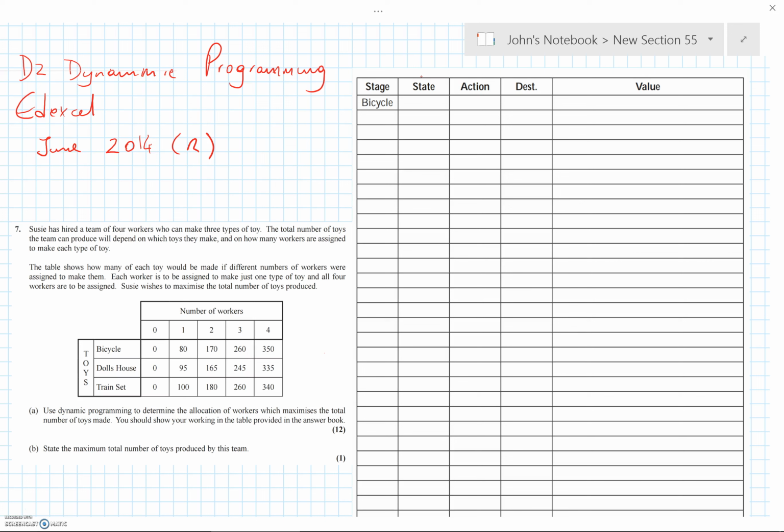Right, okay, so before we do the problem, let's talk about state, action and destination. The state here will be the number that are available for that task.